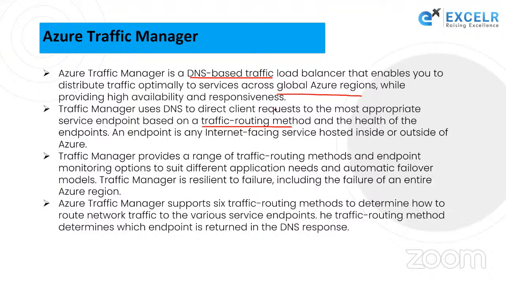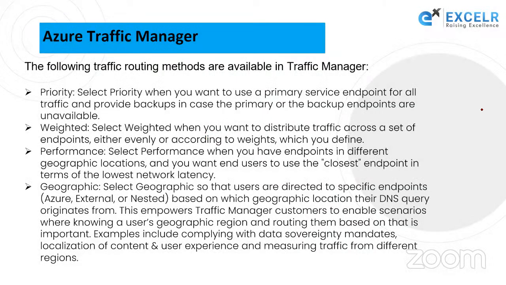Let us look at the various traffic routing rules. The first and foremost traffic routing rule is called priority. When you select priority, you send your traffic to the primary service endpoint at any given point of time.